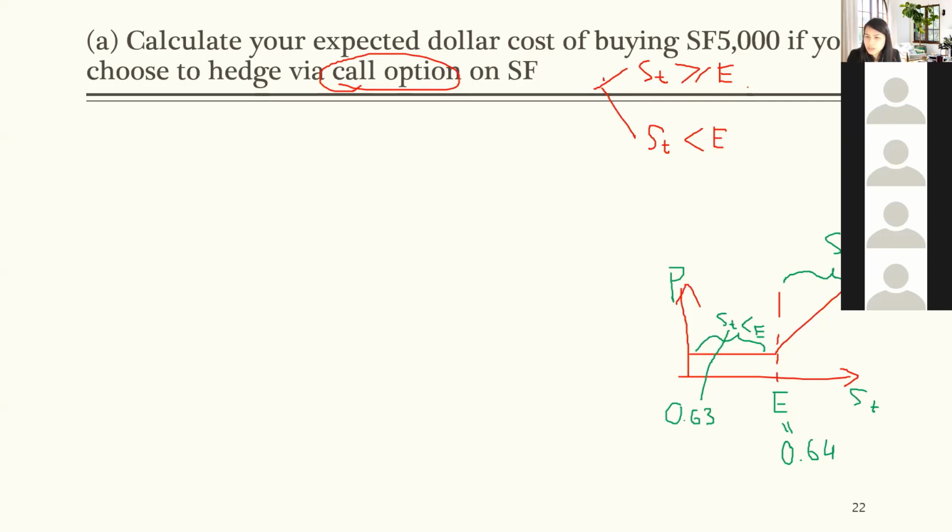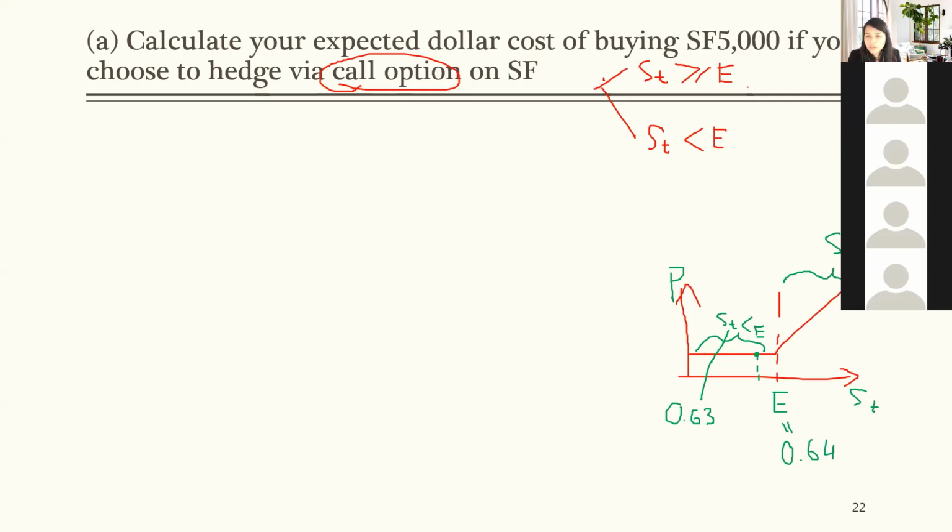So in this case, the spot rate is less than the exercise rate, which is 0.64. So according to the graph, you would not want to exercise this option, okay? Because if you do so, you will be worse off. So you just leave the option worthless.